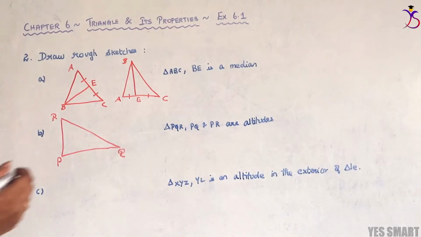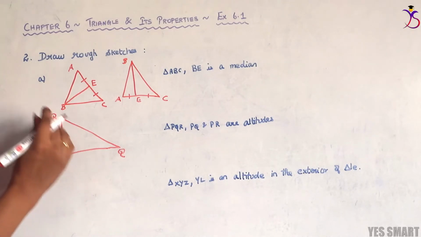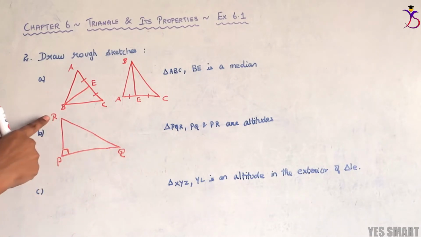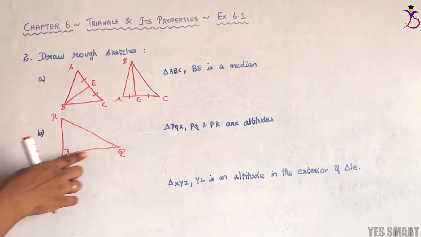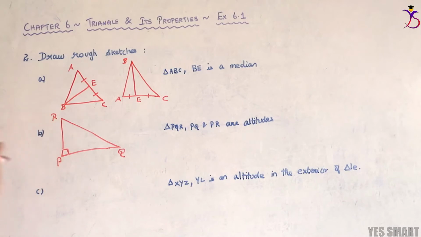The right angle is at angle P. While looking into this triangle from this view, PR will be the altitude. While looking at the triangle from this view, you could see PQ is the altitude. However, PQ and PR are both the altitudes of this triangle PQR. If it is a right angle triangle, it will have two altitudes.